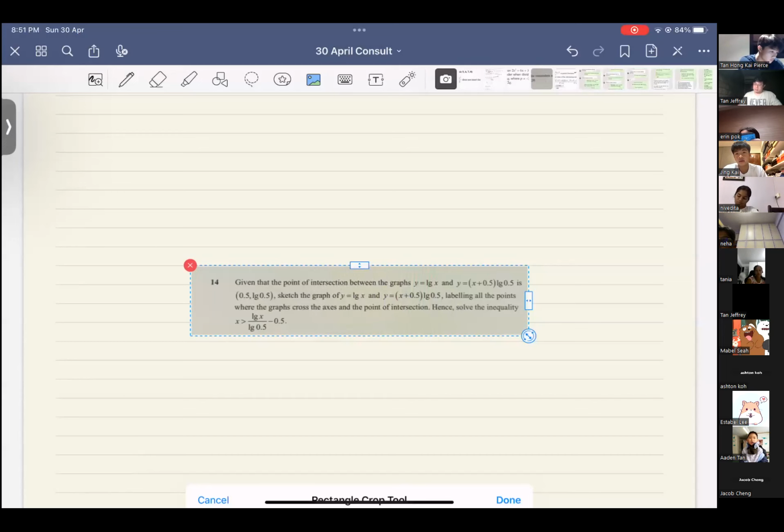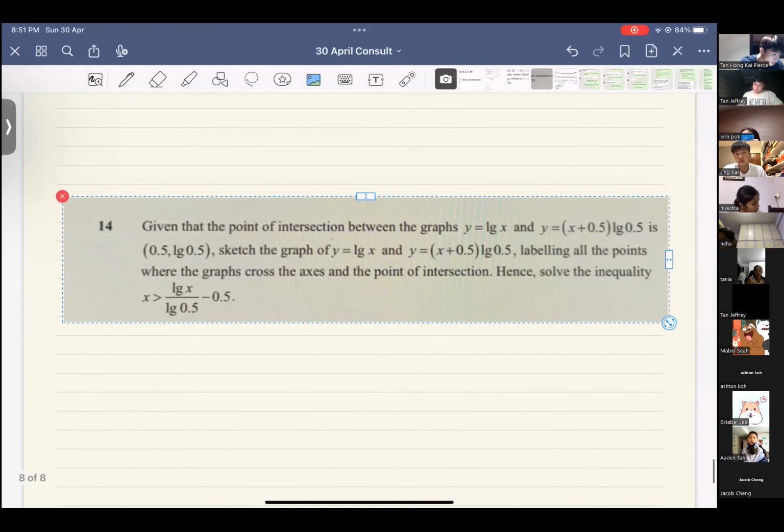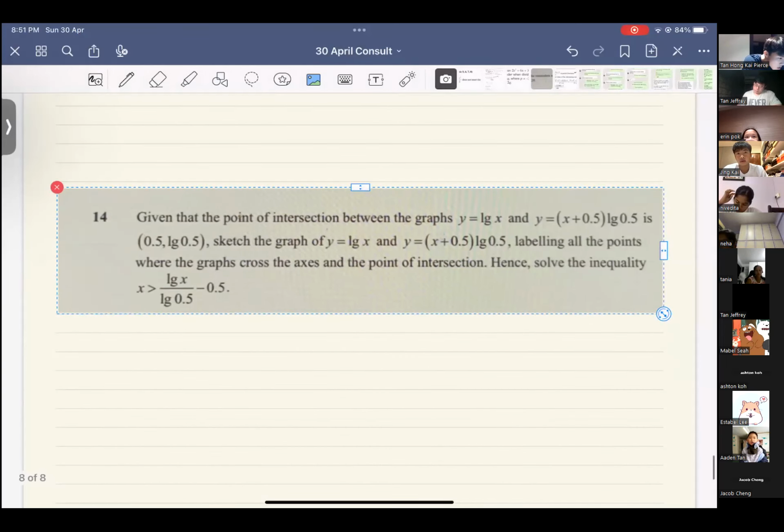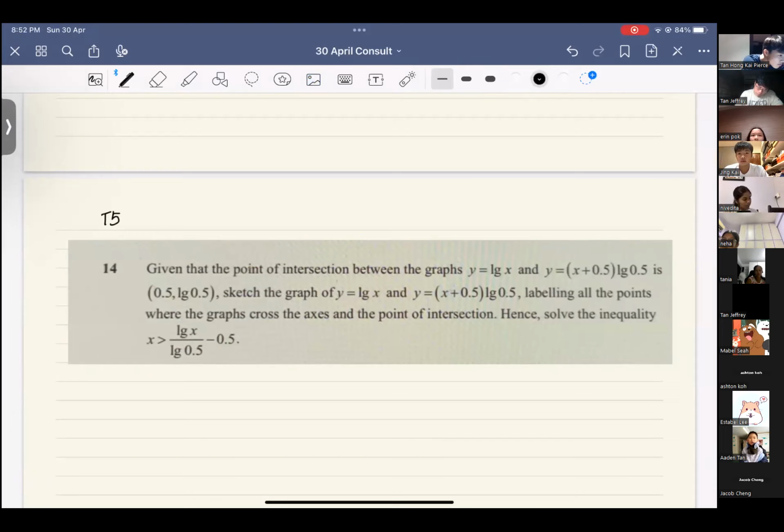Okay, so question 14, quick one. This is question 14 of the revision package, Topic 5.